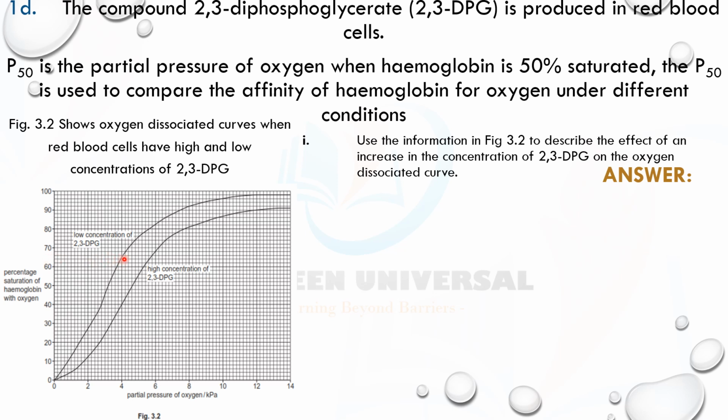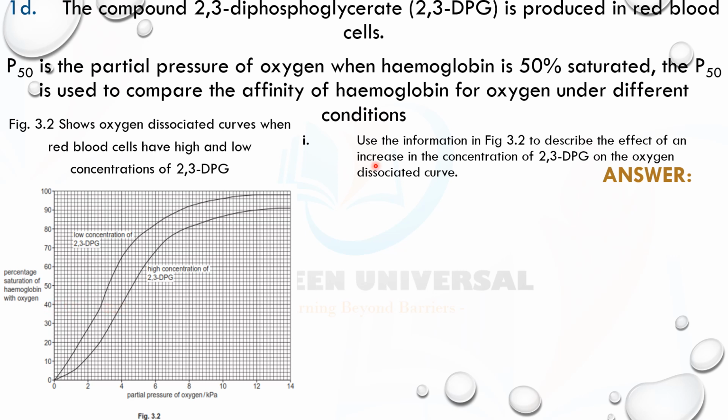But at high concentration, the same pressure gives 40. So you can see that the percentage saturation of hemoglobin with oxygen is higher at low concentration of 2,3-DPG, about 60, and it is lower when the 2,3-DPG is high in concentration, that's 40%.